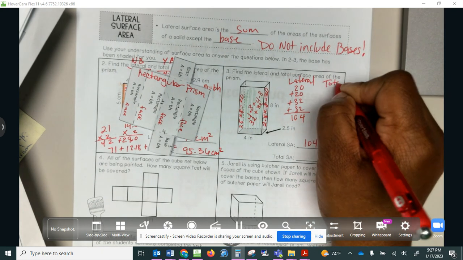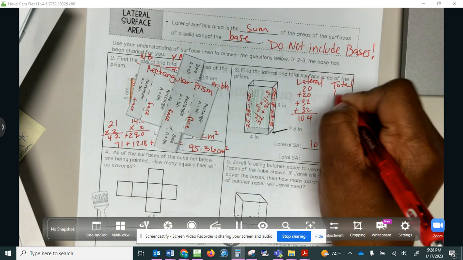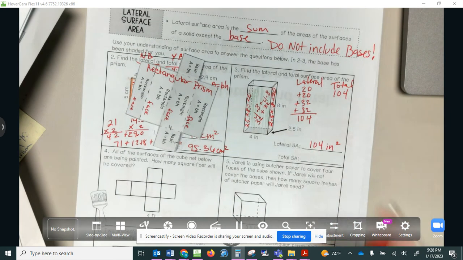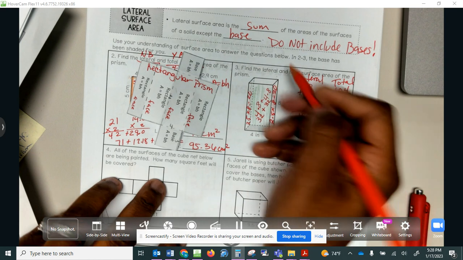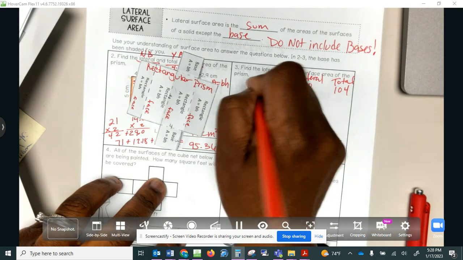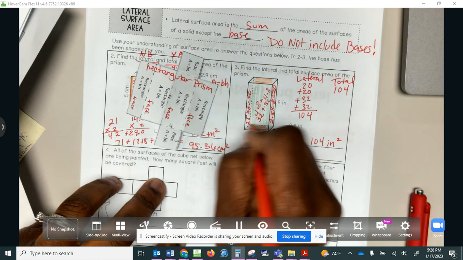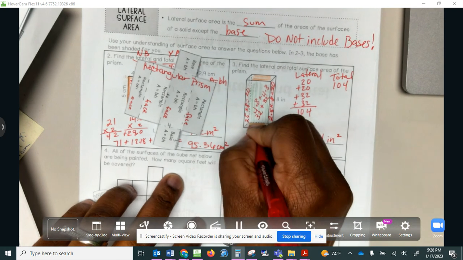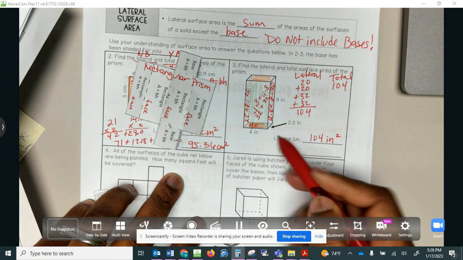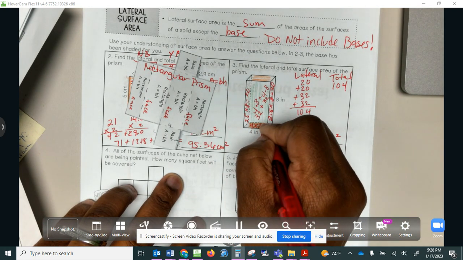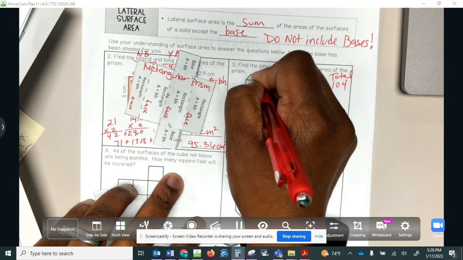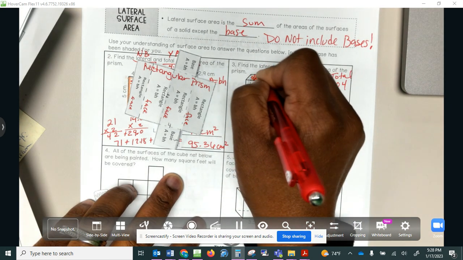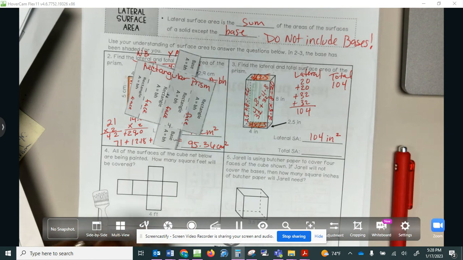My total will still be starting at the 104, but now I need to include my base. So I have 2 bases. My bases consist of 4 times this little space, so 2.5. 4 times 2.5.